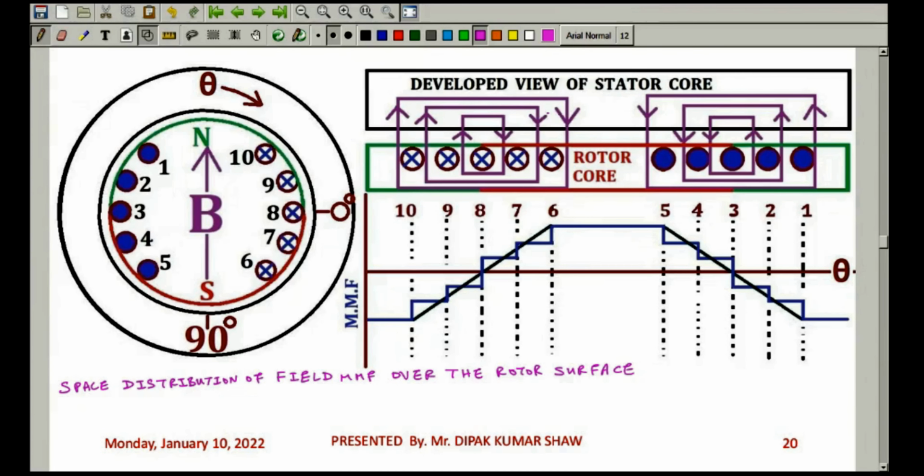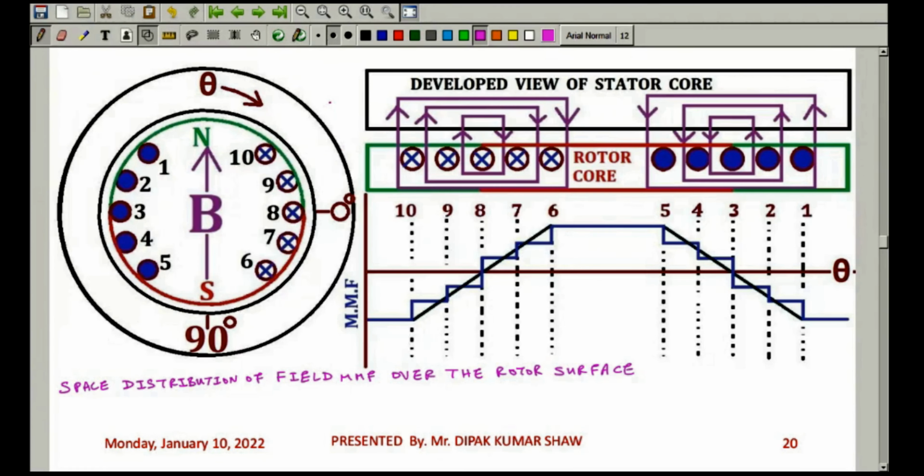So if I take this outermost path, it is enclosing all the 5 conductors, 1, 2, 3, 4, 5. If the current carried by the conductor is IF and the number of turns is NF, the total M.M.F is 5 NF into IF. But you are crossing the air gap twice when you are moving along this path.